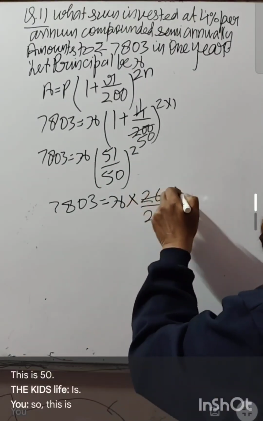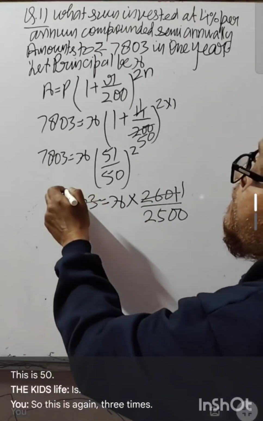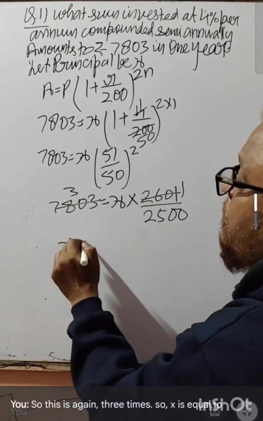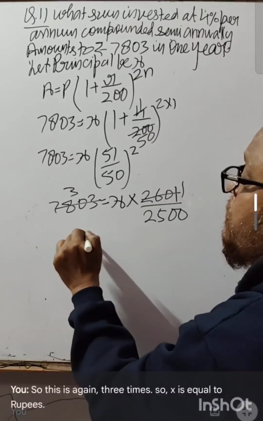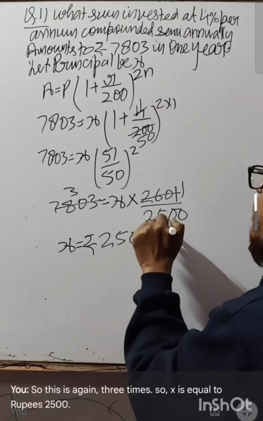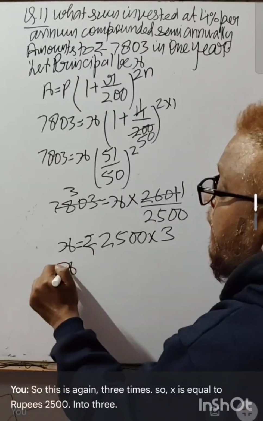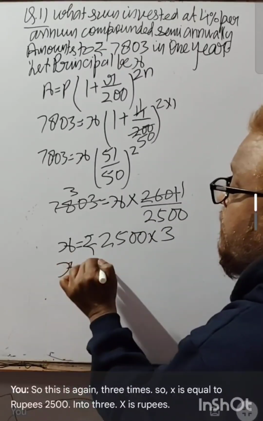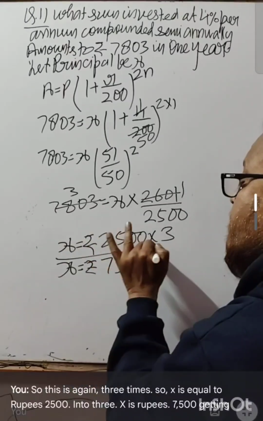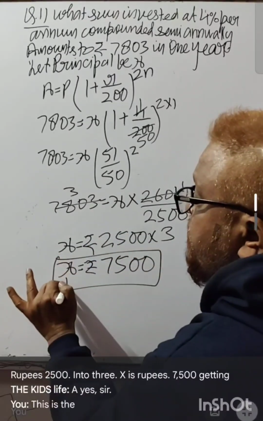So this is again 3 times, so x is equal to rupees 2500 into 3. X is rupees 7,500. Getting? Yes, sir. This is the principal we have.